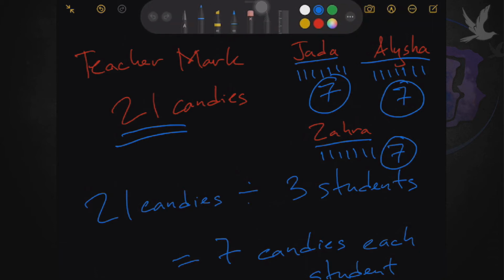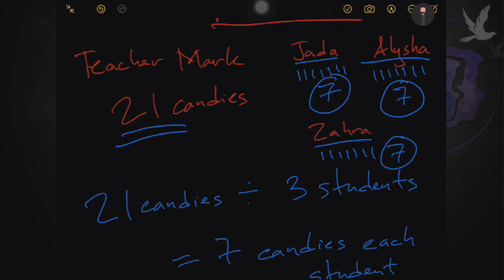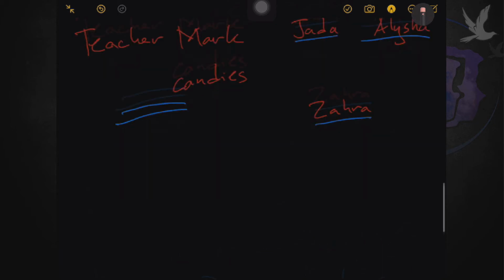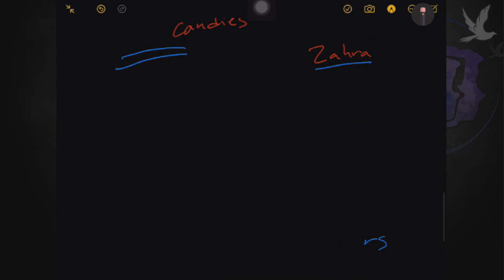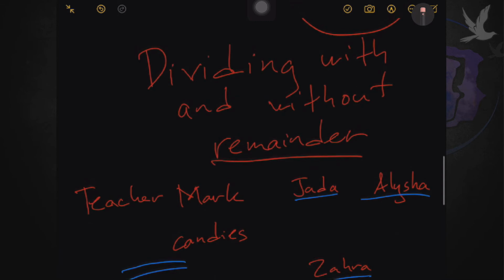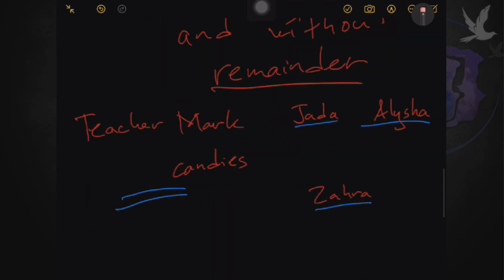Now, what if we are going to change the value of my candies? Why am I doing this? Why am I doing the basic? Para makita nyo lang talaga what I'm trying to say here. Okay. The difference between with and without remainder. Ano nga bang ibig sabihin ng remainder? Ano nga ba ang ibig sabihin ng division?